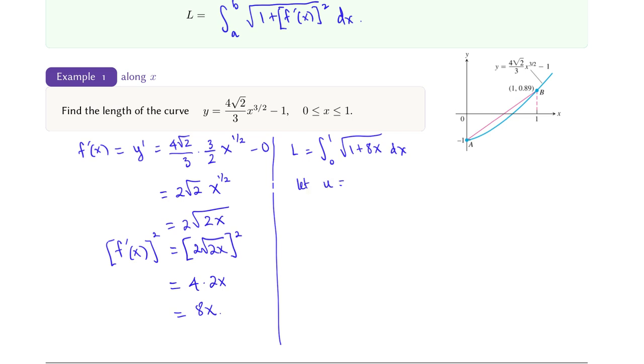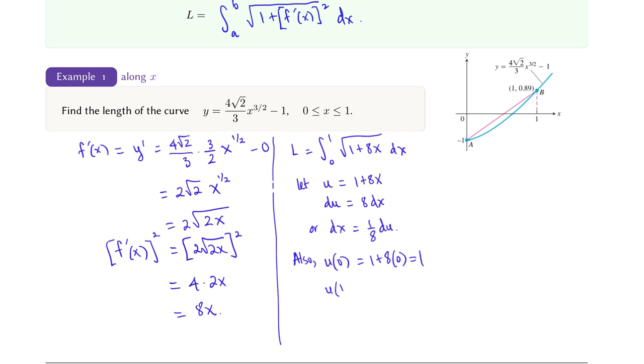We can use substitution to evaluate the definite integral. Let u equals 1 plus 8x, du is 8 dx, dx is therefore du over 8. Also, if x is 0, then u is 1 plus 8 times 0, which is 1.